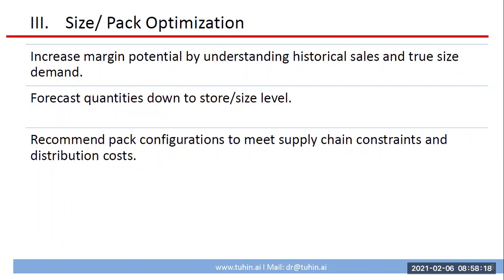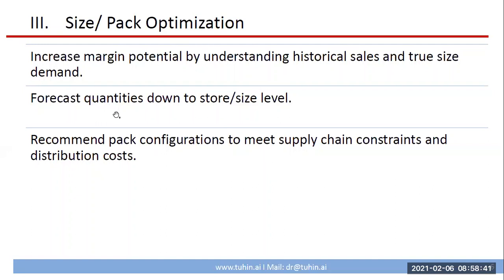So the forecasting engine should be so powerful, so robust, that it would figure out the true size demand from the historical sales. It will figure out exactly at what point of time, at what store, what the exact demand is for each of the sizes.